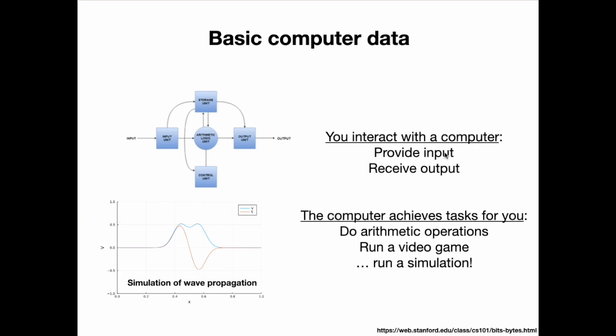You provide input and you will receive output. Also, the computer will achieve tasks for you. In fact, it will do arithmetic operations, and practically speaking, it can run a video game, which is pretty cool. And another cool type of activity is to run computer simulations.